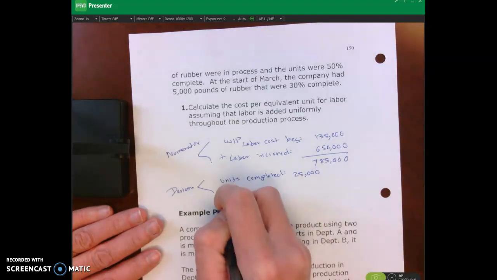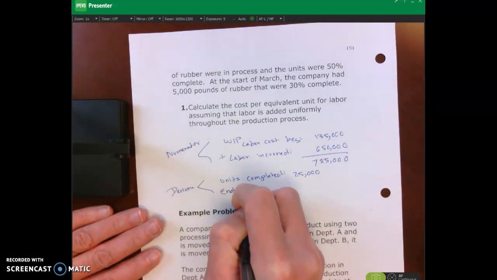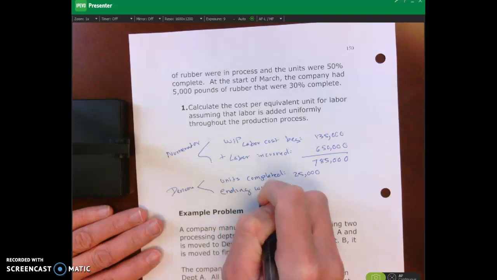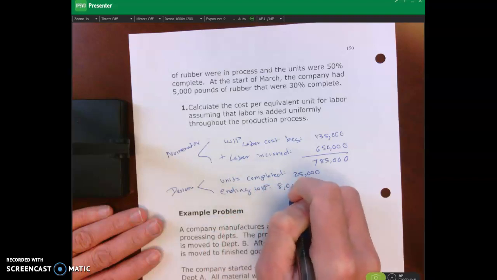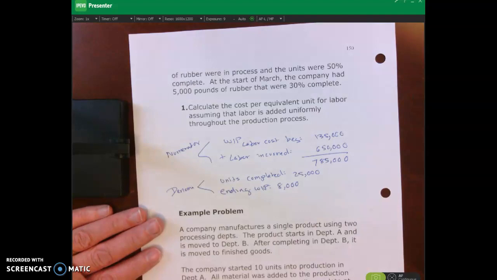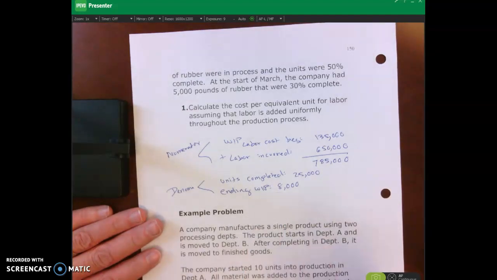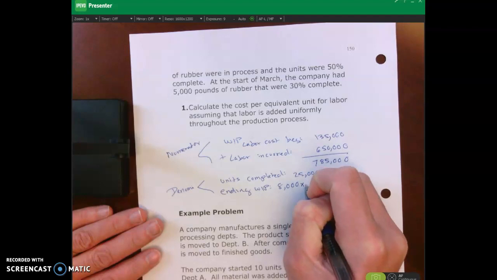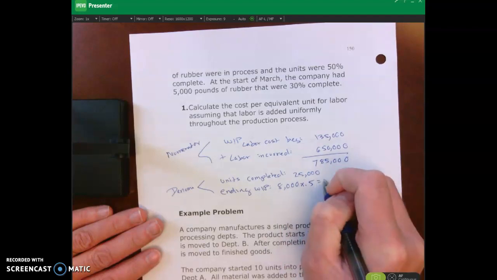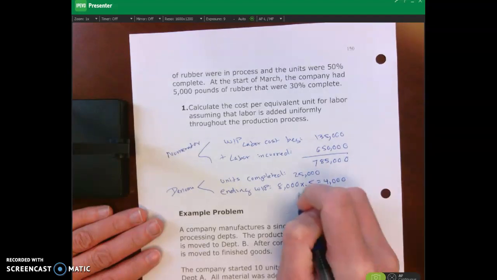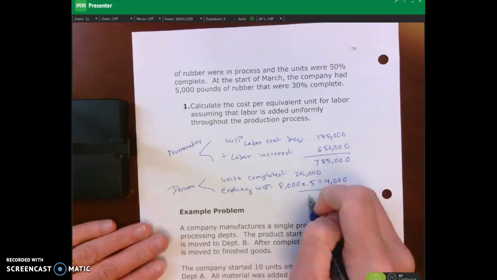And then we had units in ending WIP, which was 8,000 units. But remember, those are 8,000 partially completed units. So just like we talked about in the prior lecture video, we take those 8,000 partially completed units times the percent complete, 0.5, which gives us 4,000. Now what we have is 29,000.